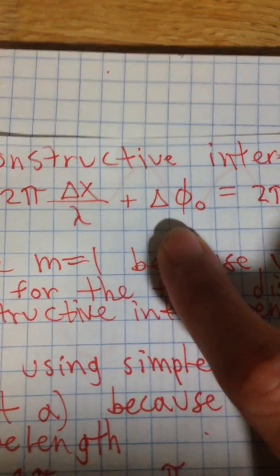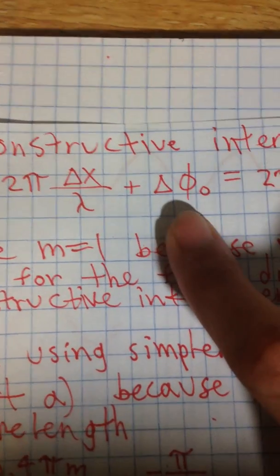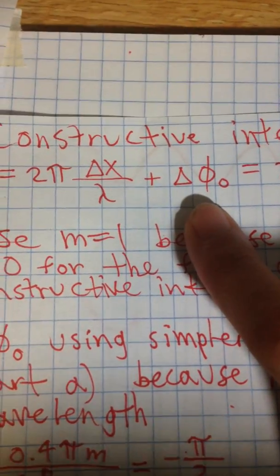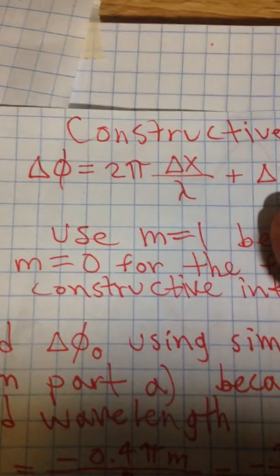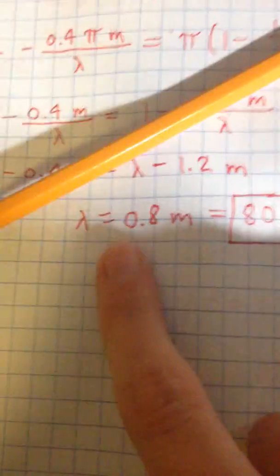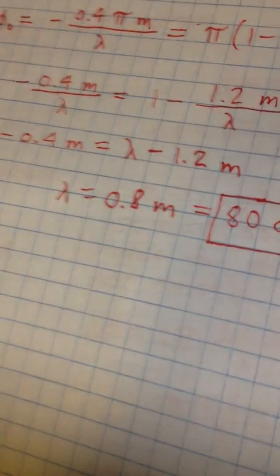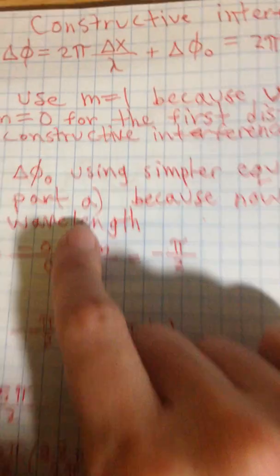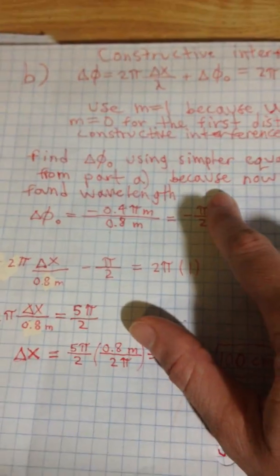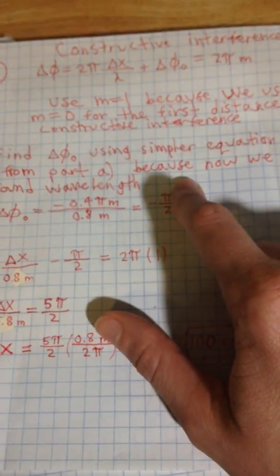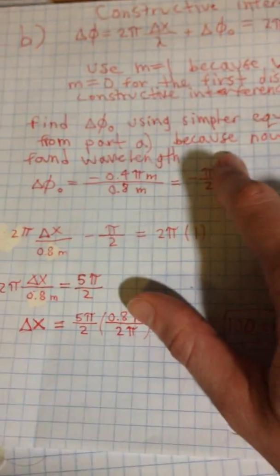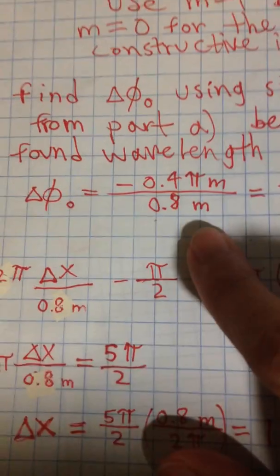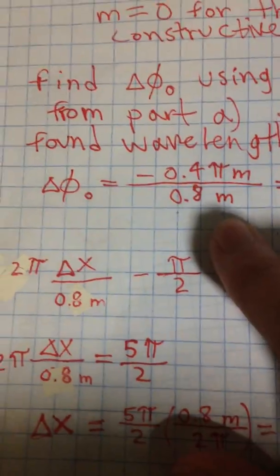We don't know what the inherent phase difference is, but we can easily plug this wavelength that we found before into the simpler equation from part A. You can use either equation, but use the simpler one. And the simpler one from part A looked like this. I can show you again.